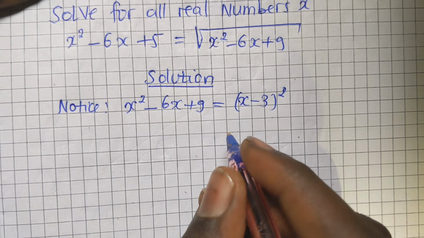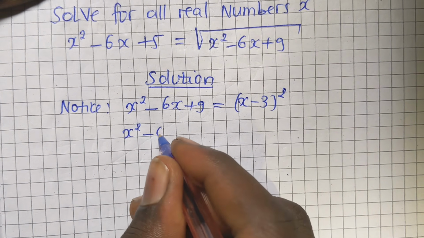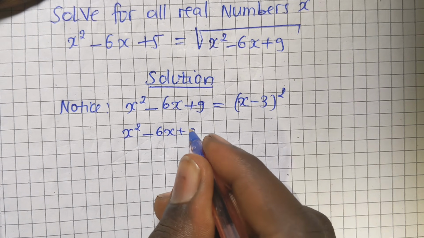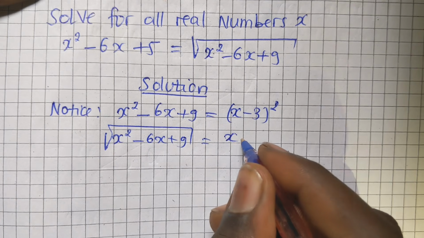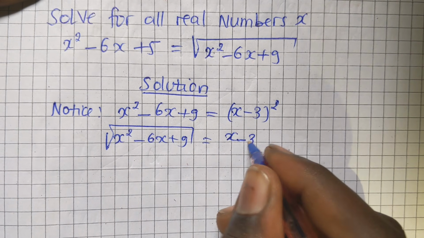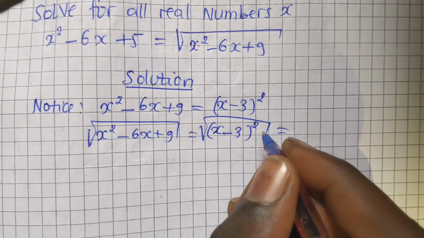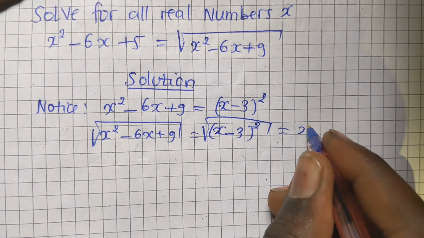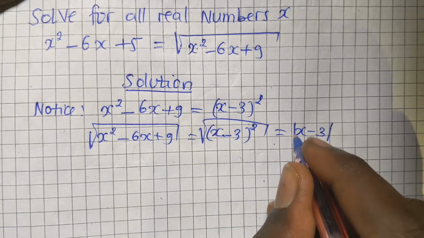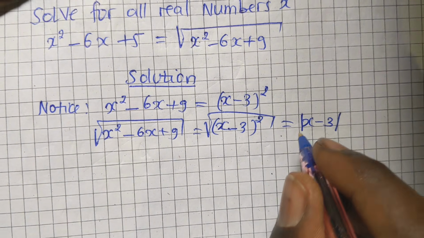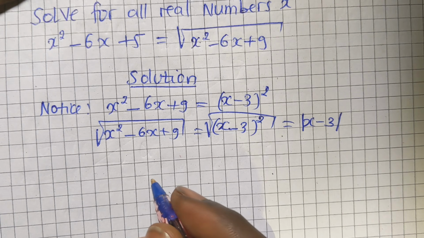So the square root of x squared negative 6x plus 9 equals the square root of (x negative 3) squared, which will be equal to x negative 3. But we'll be putting absolute value because we will be having two values with different signs.